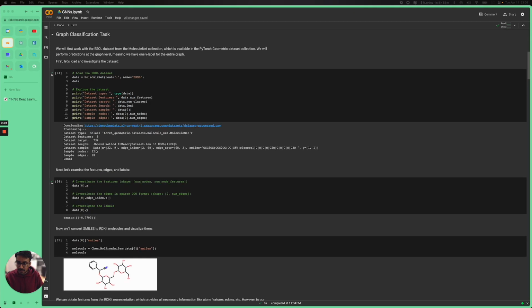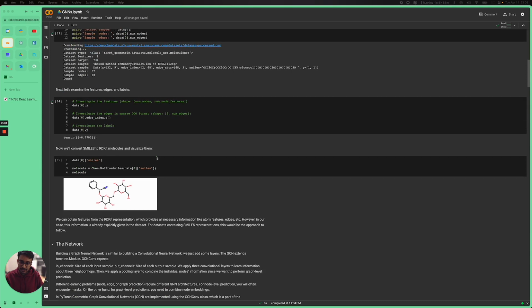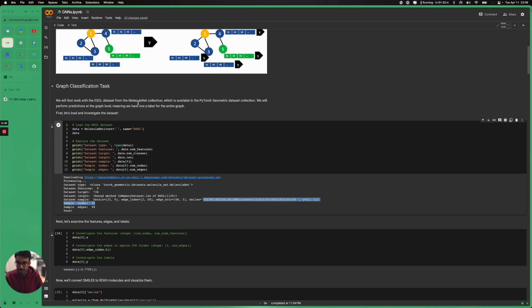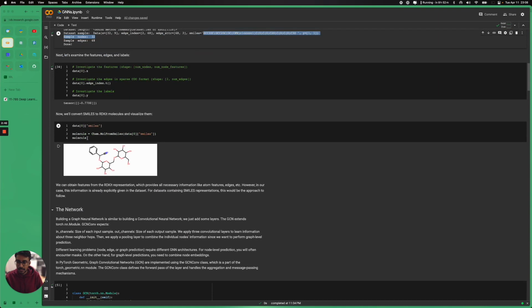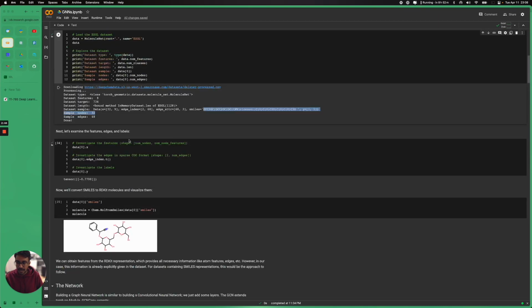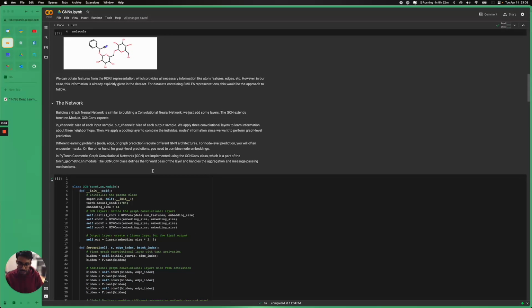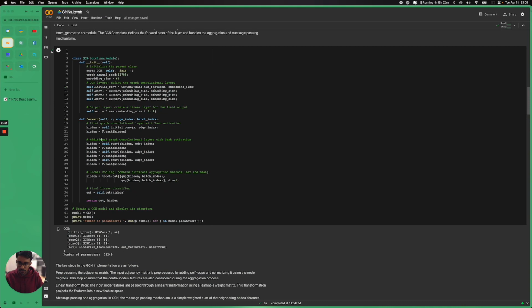The way this is stored is using the SMILES notation, which is basically a string notation to represent these kinds of graphs, as you see over here. But the goal is to convert this to a graph notation using the PyTorch Geometric dataset class that they've given us, and try to see if we can use a graph convolutional network to aggregate information available from these graphs to understand what its solubility would be. So it's kind of a regression task, if you will.